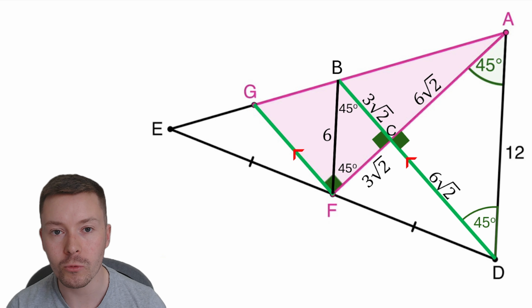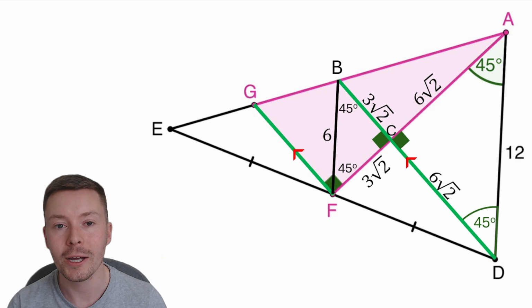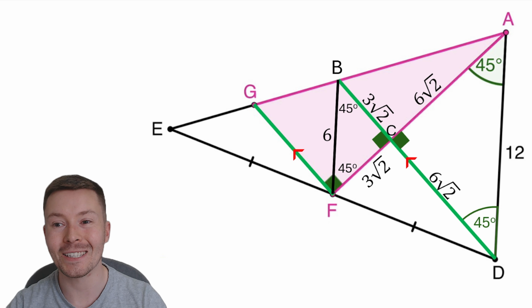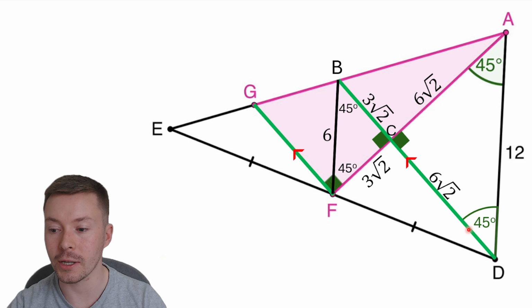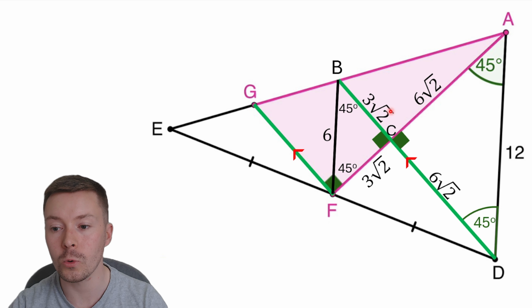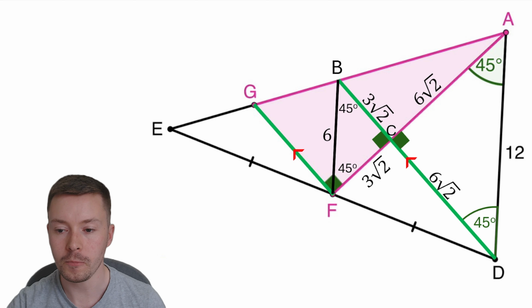Now, you can see I haven't written down the Pythagoras way of doing it because there's another way, and that is because actually BCF must also be a similar triangle to ACD because it's got all the same angles. And so because we've halved this 12 to give us 6, if we halve the 6 root 2, we get 3 root 2. We get the other lengths. So there's a couple of ways of doing that part.